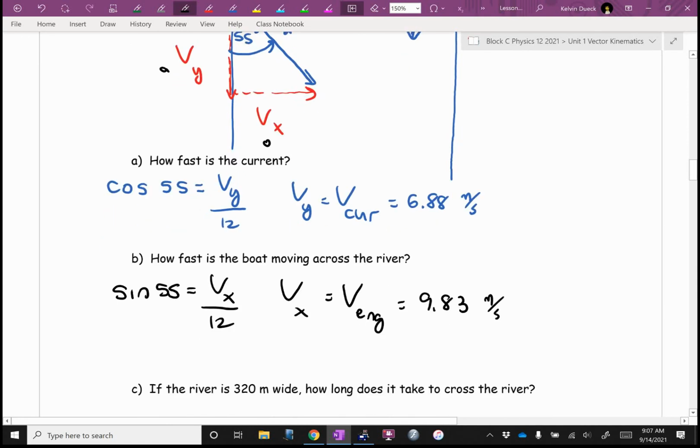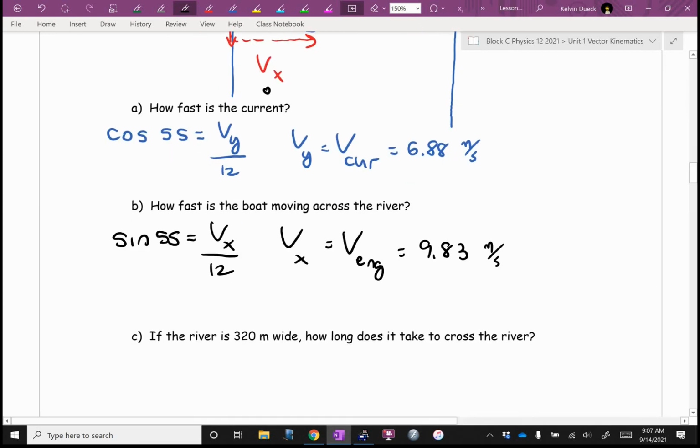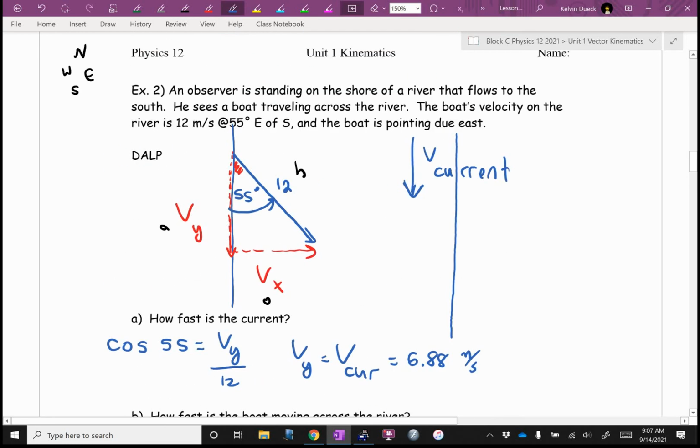If the river is 320 meters wide, how long does it take to cross the river? So again, this is asking me to find time. Again, we're going to assume a is 0. d is 320, but I better figure out what direction this d is. So let's go back to my picture. I think the 320, I think that's a dx, a horizontal distance.